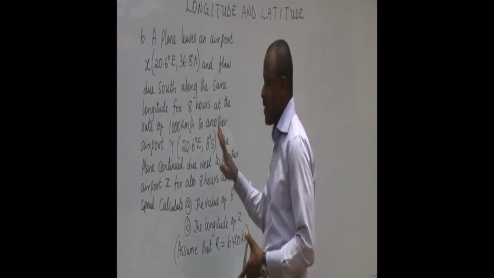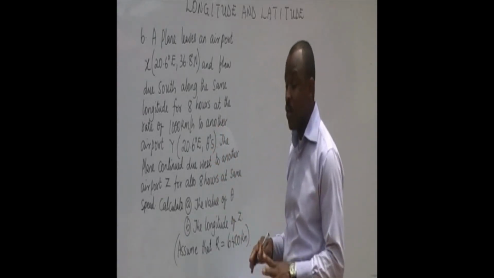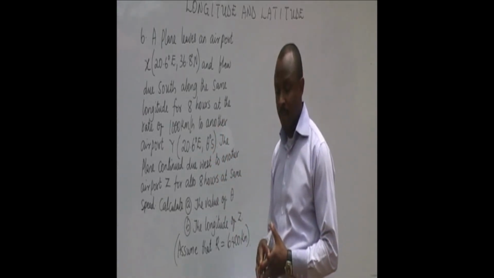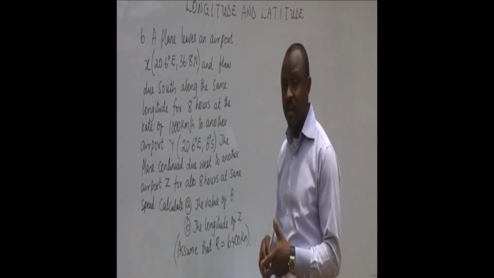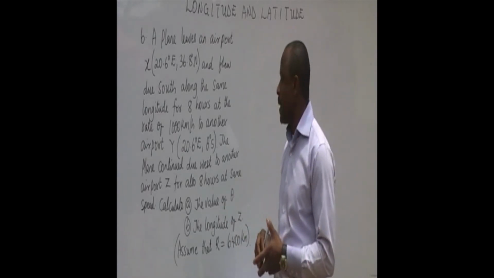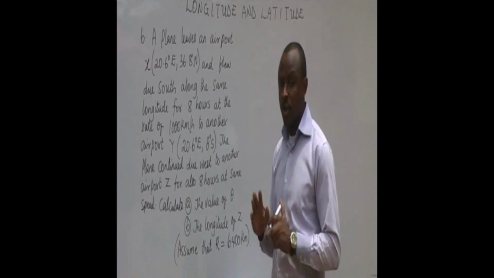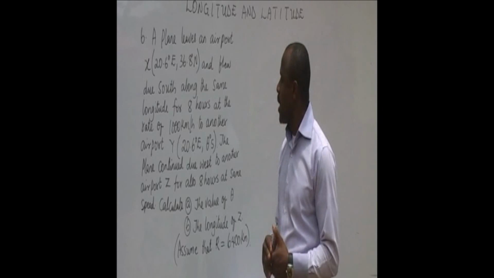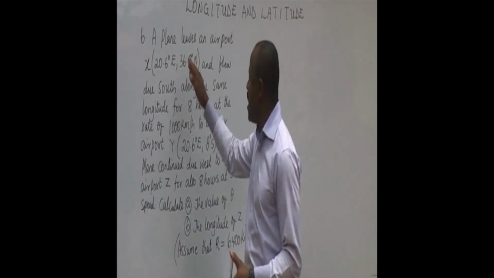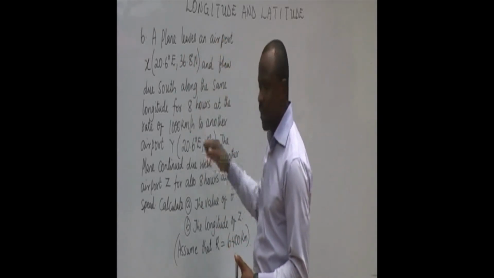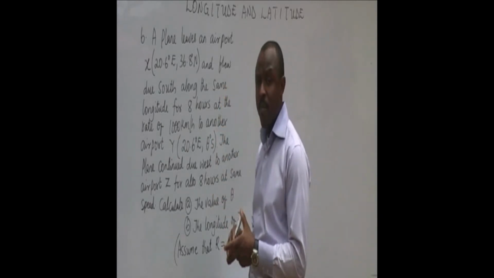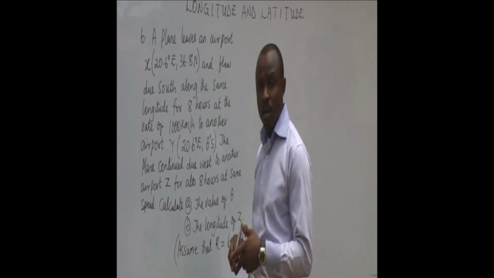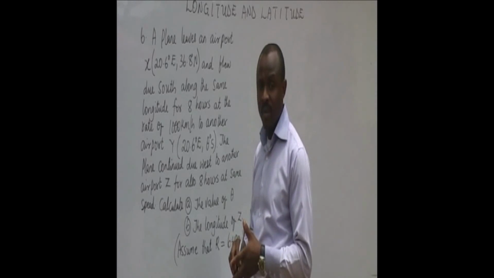This is question number 6, and it's going to be the last question we take in the areas of what you need to know about the topic longitude and latitude. The question says that the plane leaves an airport, maybe Murtala Mohammed Airport, or maybe that airport's in your father's farm.